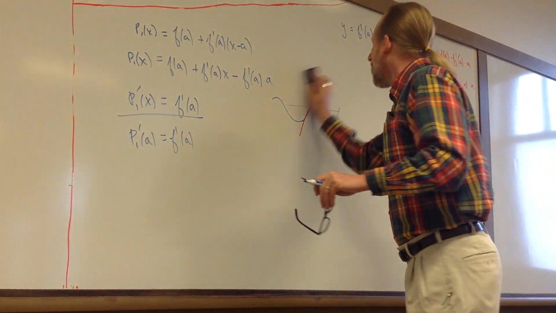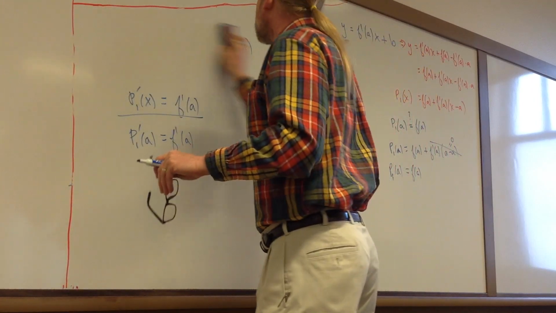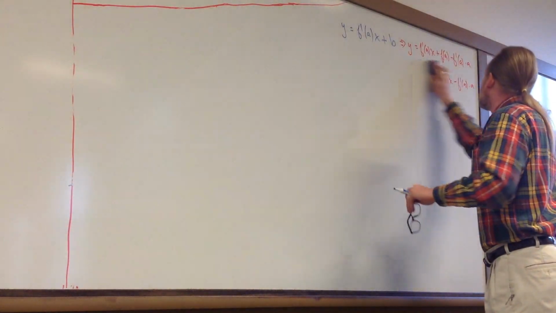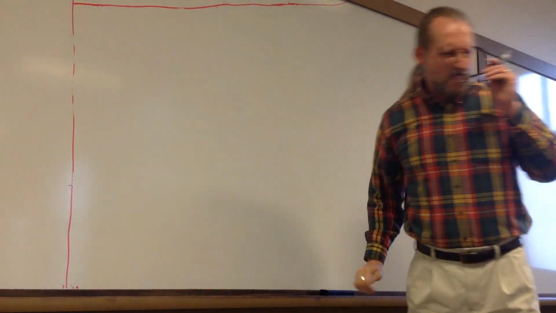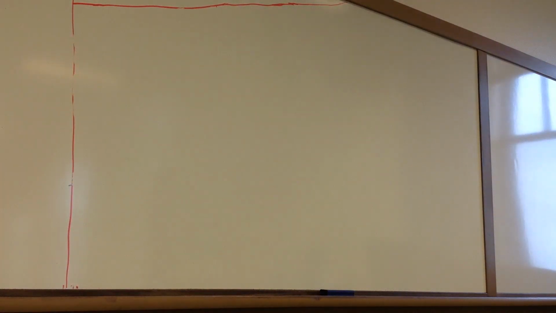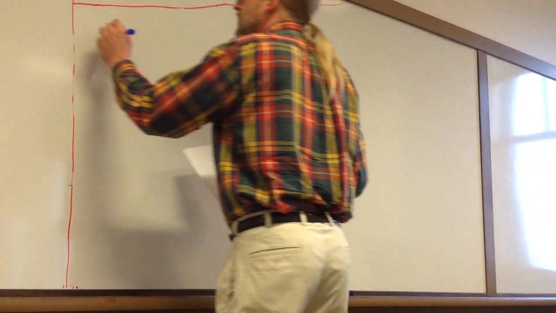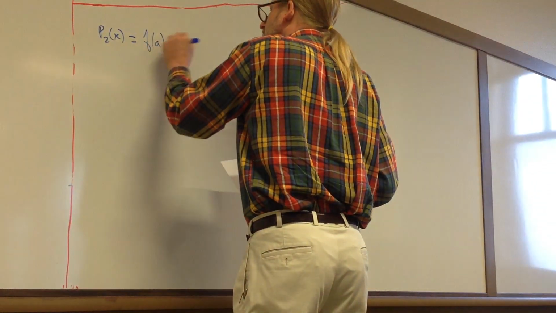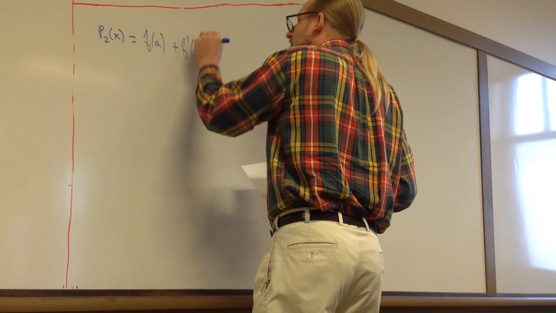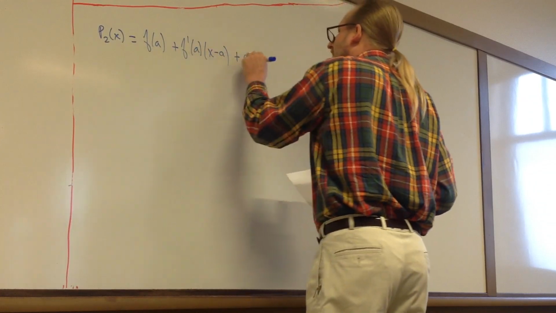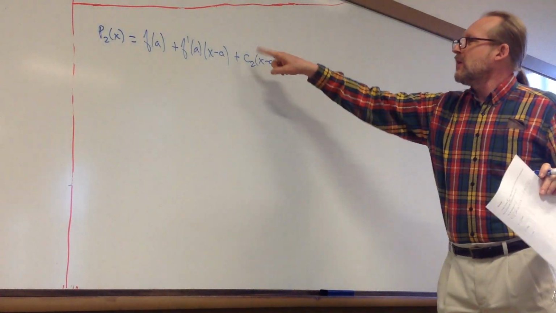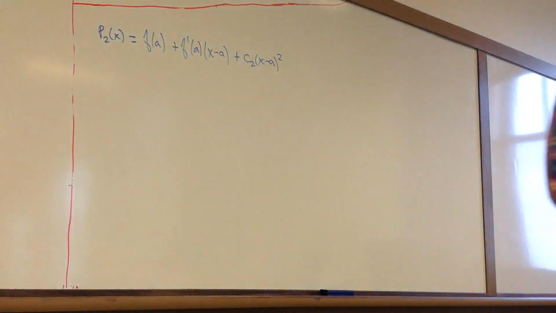All right, so let's make a quadratic approximation now. So, what are we going to do here? We want P2 of x. We'll start out with the linear piece that we had, and then we'll add on this quadratic term, x minus a squared, and we don't know what this C2 is going to be right now.